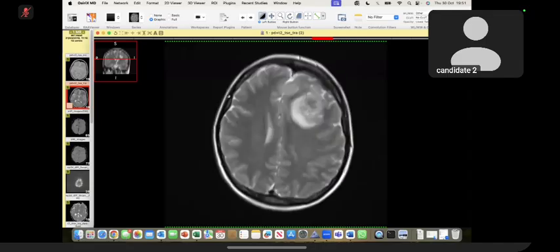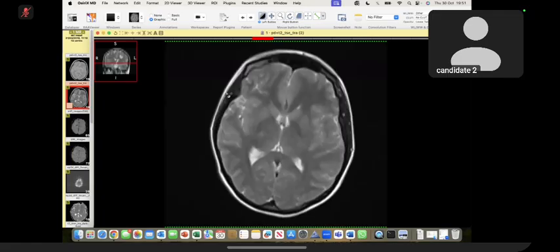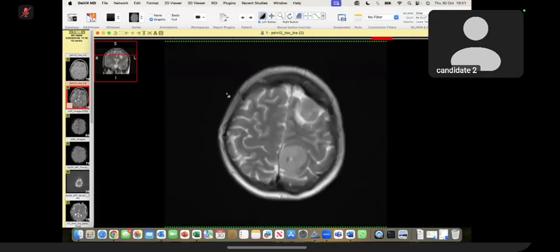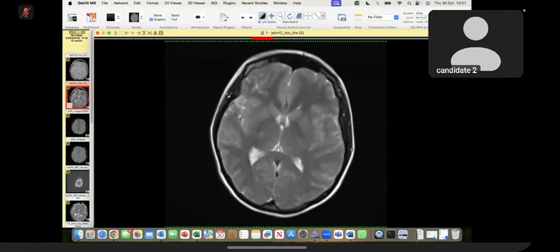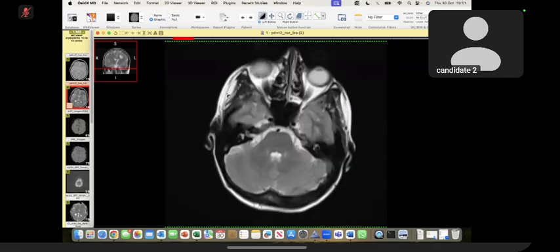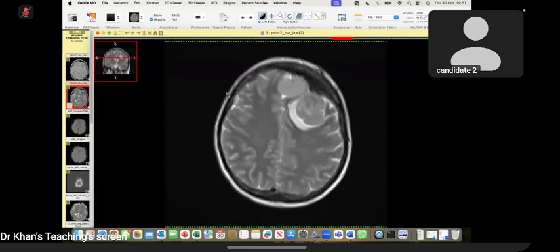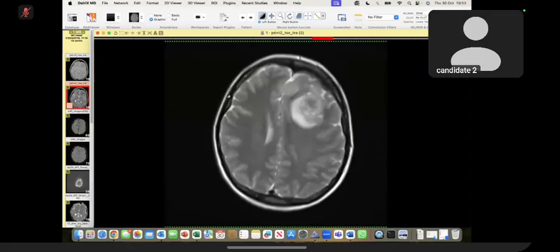There is one in the right occipital horn of the lateral ventricle. So these appear to be extra axial because of the CSF cleft that is seen around the larger altered signal intensity lesion. And I could also appreciate a lesion in the CP angle areas probably.